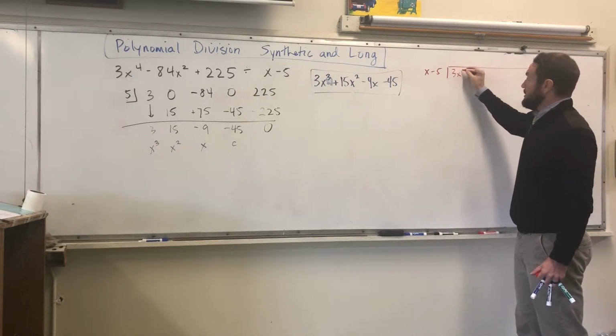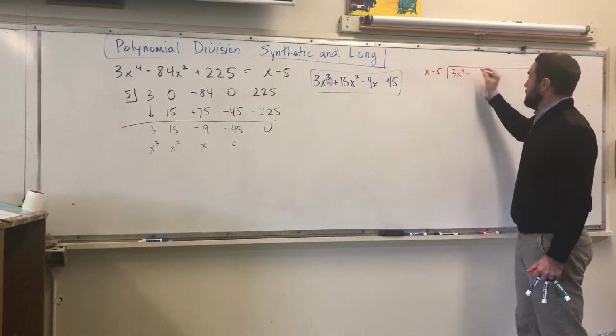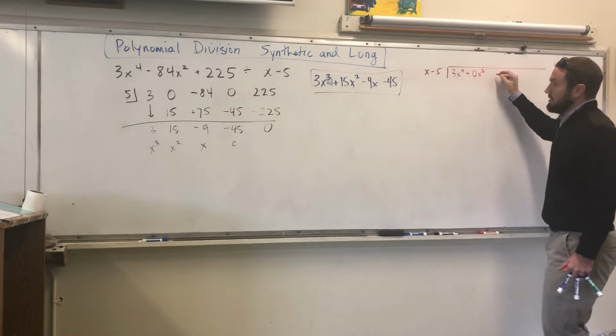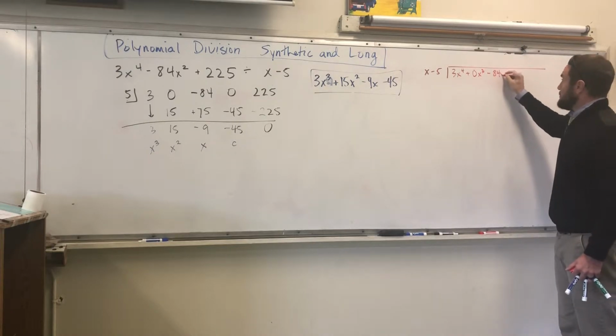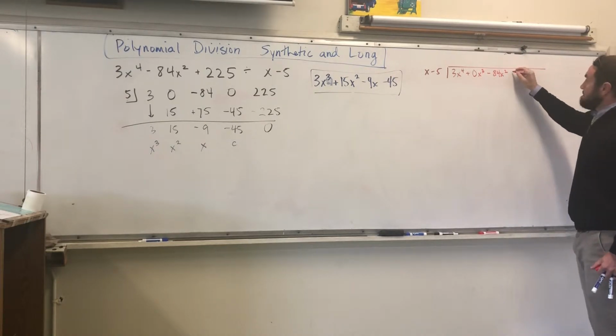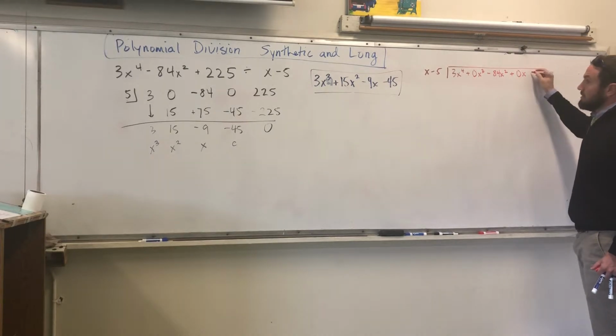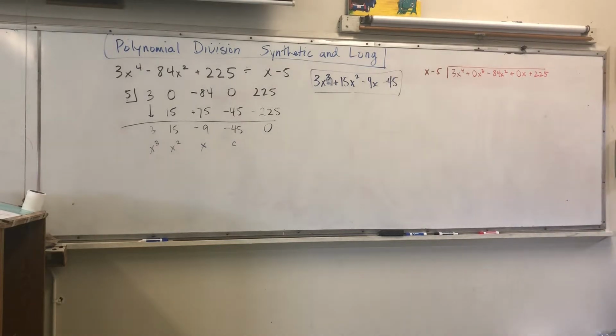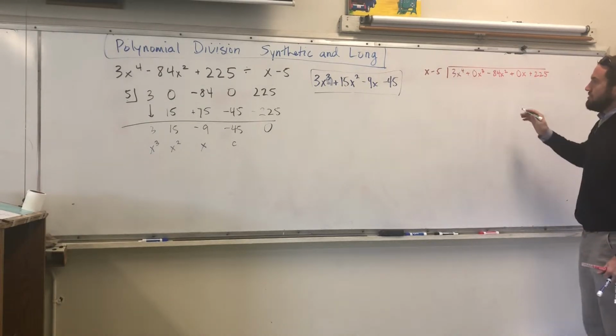So 3x to the fourth plus 0x to the third, minus 84x squared, plus a placeholder, plus the 225. Now there's a slight wrinkle to this that can get complicated at times, but once you practice a little bit, you'll get used to it.